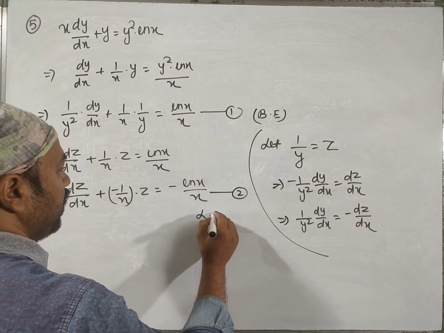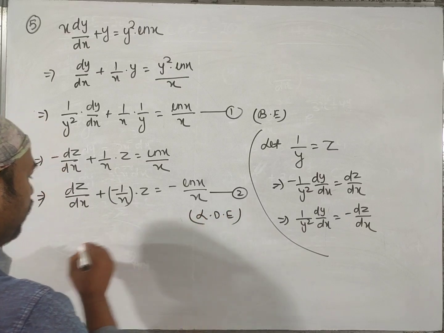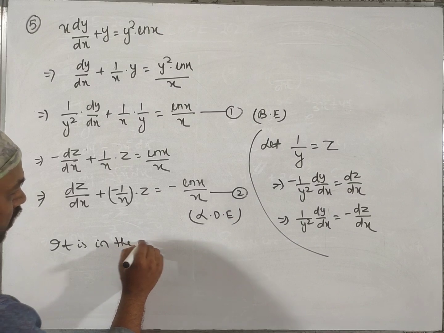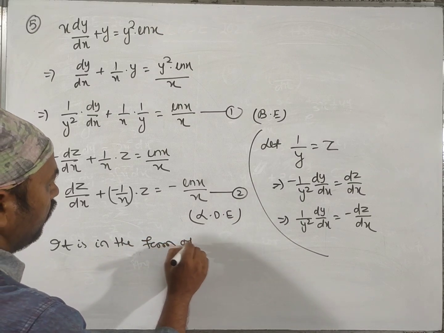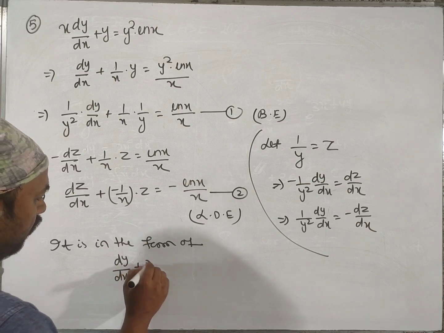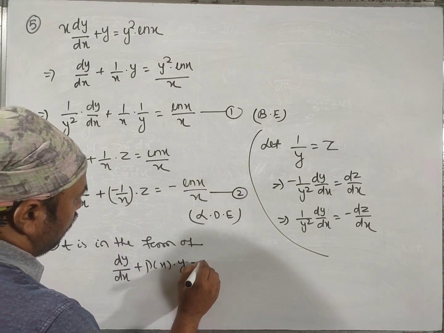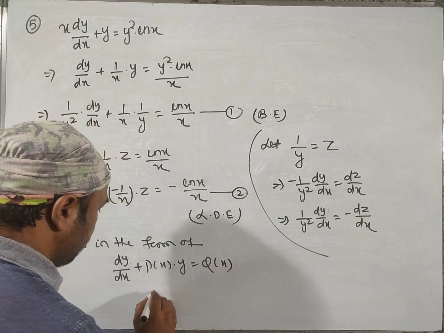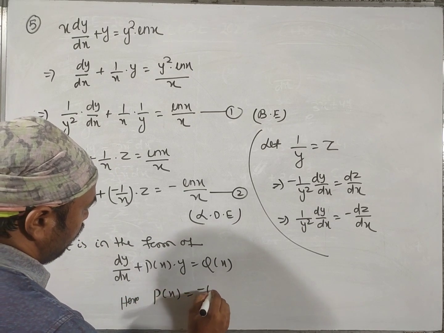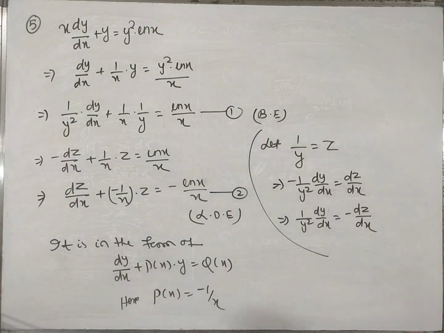It is a linear differential equation. It is in the form of dy upon dx plus p of x into y is equal to q of x. Here p of x is equal to minus 1 upon x.